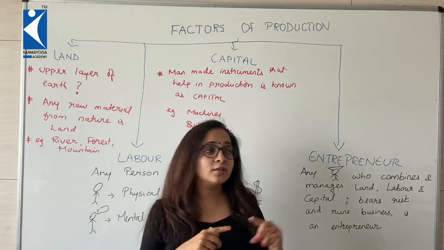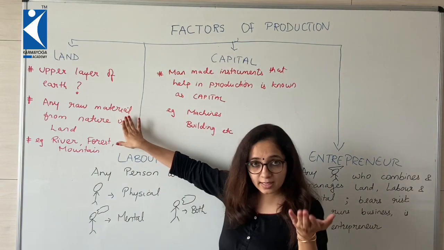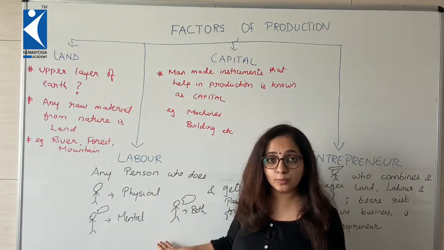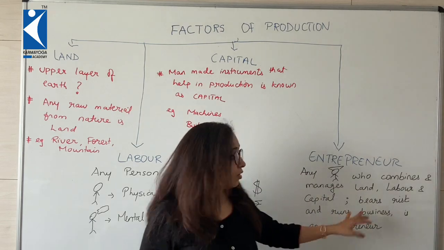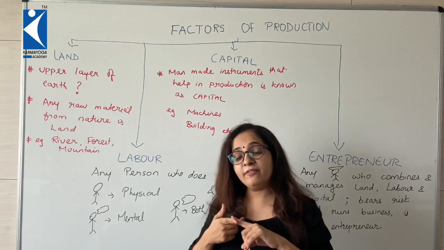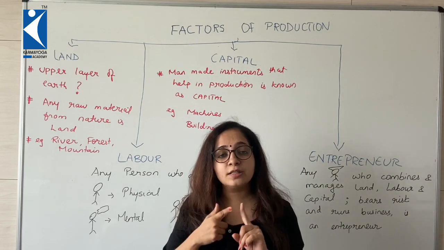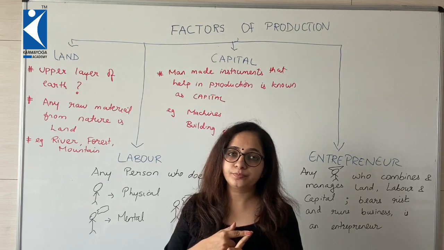The first thing associated with these factors of production is that, be it land, that is natural substance, labor, that is human, capital, that is things, or entrepreneur, a person who takes risk and does business, they face some problem. The first problem is that resources are limited.